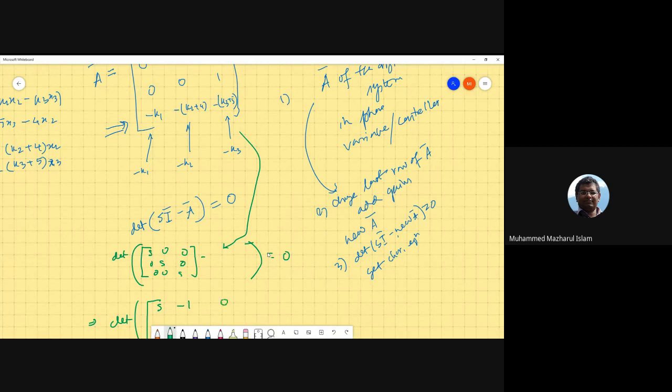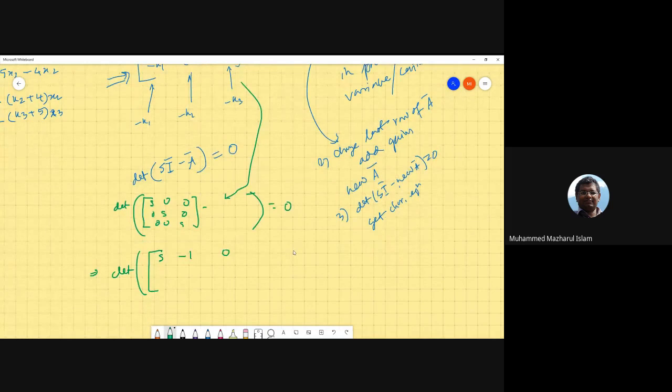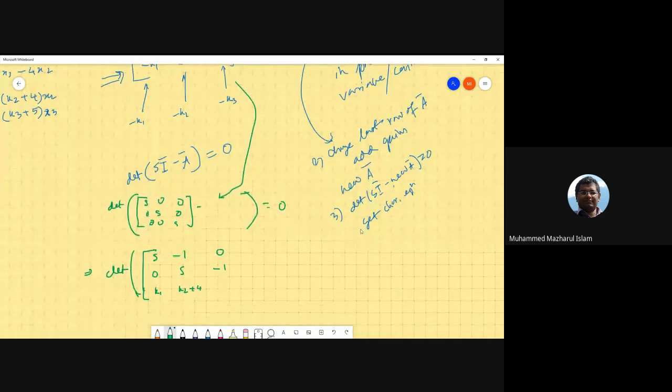That's the first row. The second row, again, the first element is 0. The second element is s. The third element is minus 1. For the last row, it's k1, it's k2 plus 4, I think. And the last one will be s plus k3 plus 5.